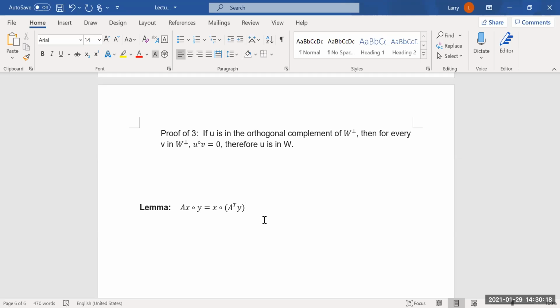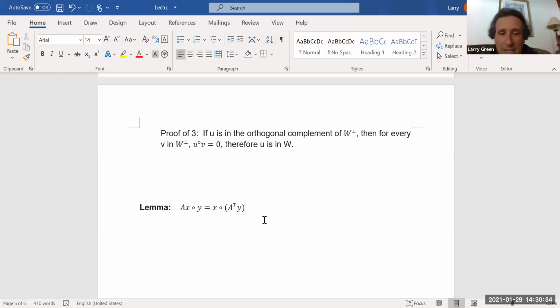Because you're dotting or multiplying with respect to X in the first one, and then on the other side, you're dotting with respect to Y, so you change rows and columns. Yeah, it has to do with the dot product. The dot product is really a matrix multiplication, right? Matrix multiplication is a dot product. What AX does is you take X as a column vector, and then you dot it with A in rows.